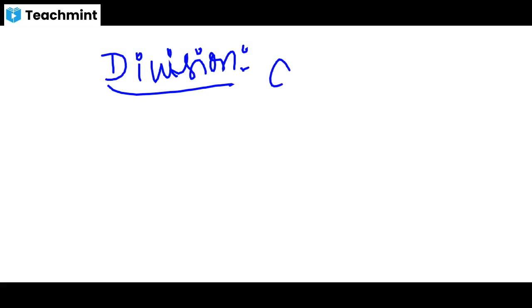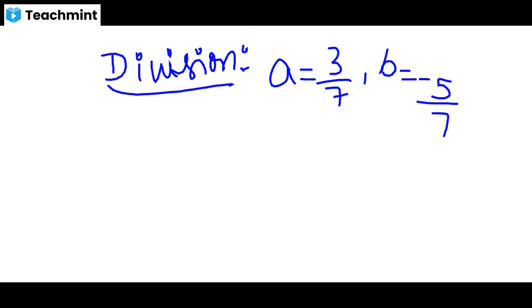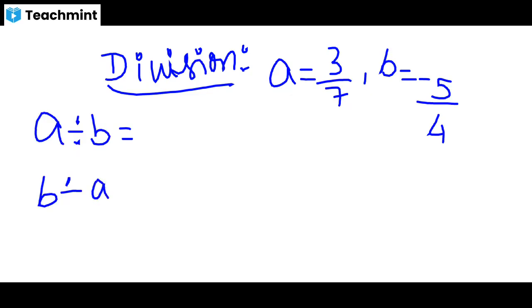Take A value as 3 by 7 and B value as minus 5 by 4. Sorry, 5 by 4 you take. Now check with A divided by B and B divided by A. What you get?